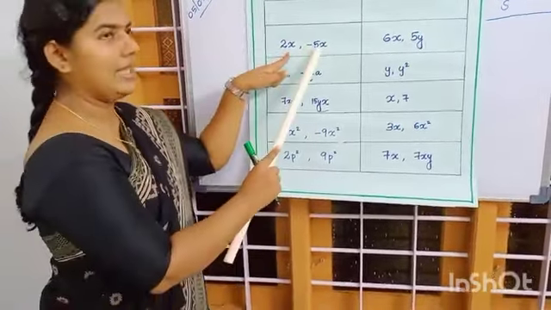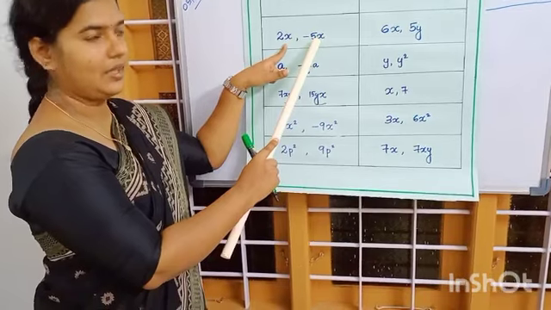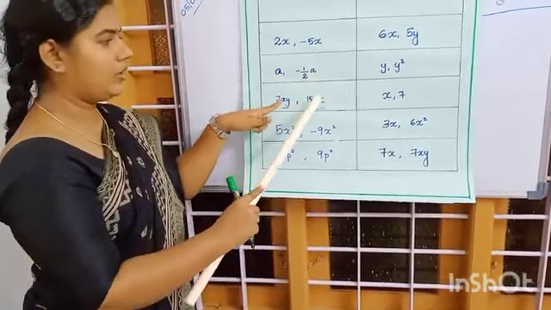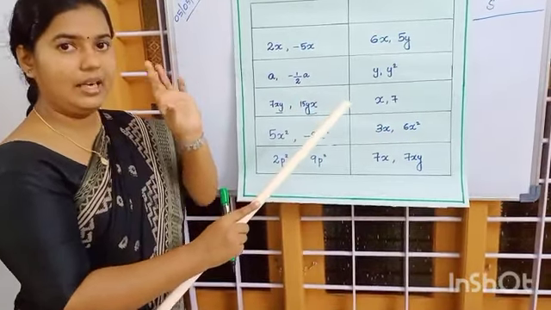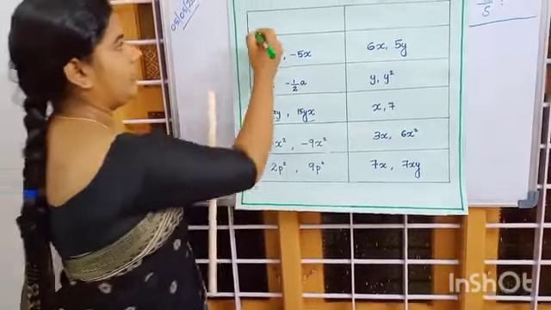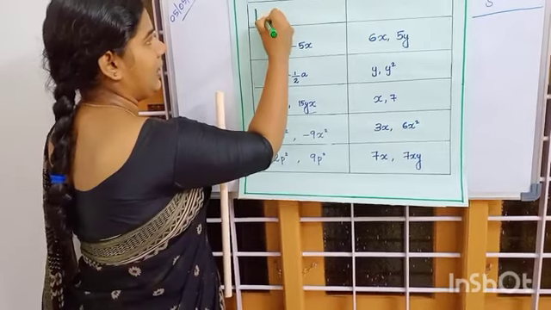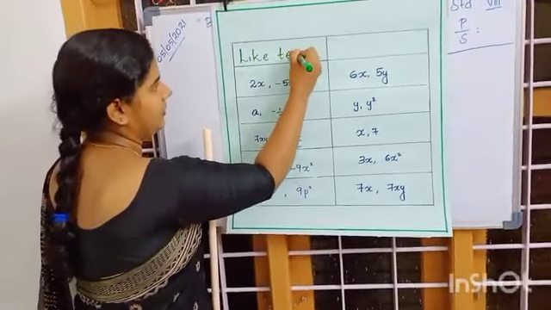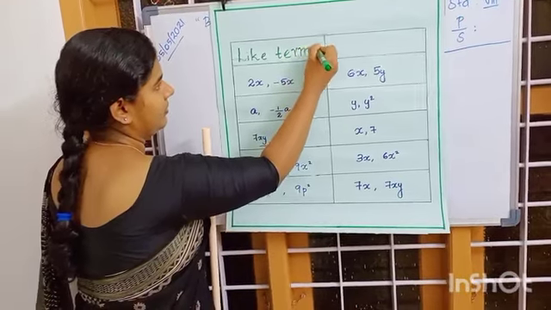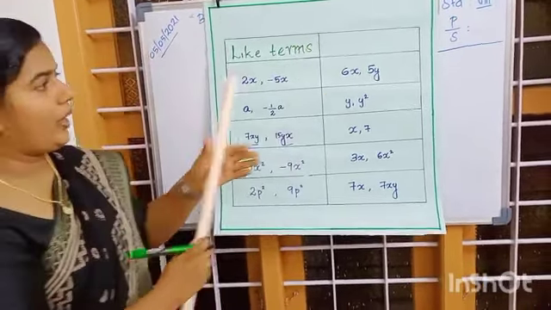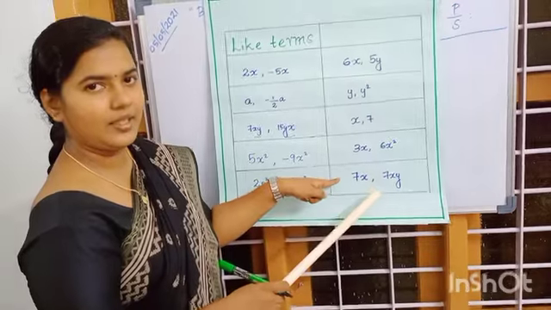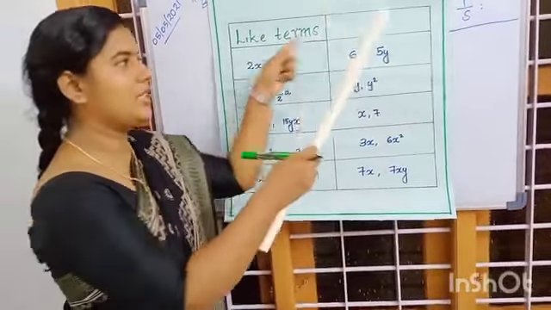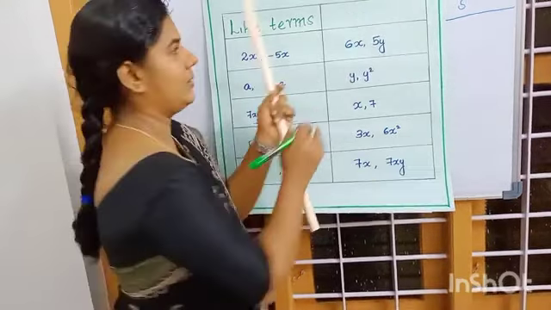Okay. See, they are similar, right? Because they have x in common. Here, they have a in common. So, we use the term like. So, let's name this set as like terms. What about this set? Yes, if this is like terms, this will be unlike terms.